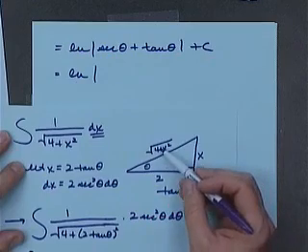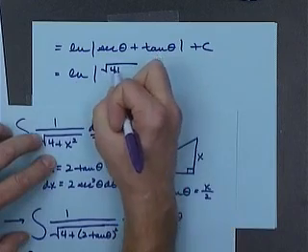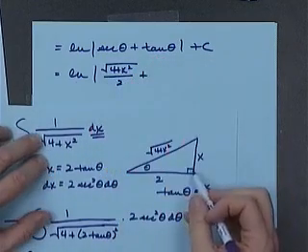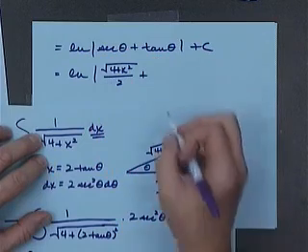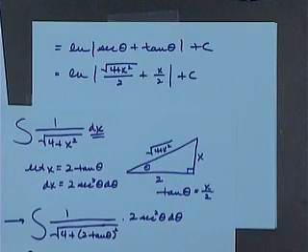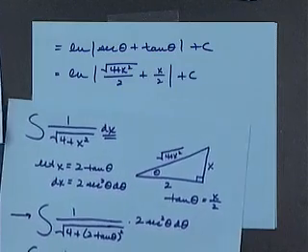Square root of 4 plus x squared over 2. Yes. And tangent of theta? X over 2. So the worst thing about that problem is that we had to integrate the secant of theta. Questions about any part of that one?